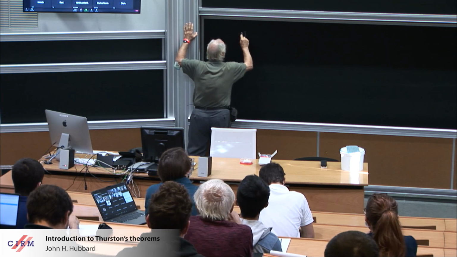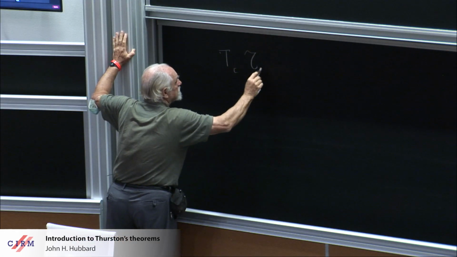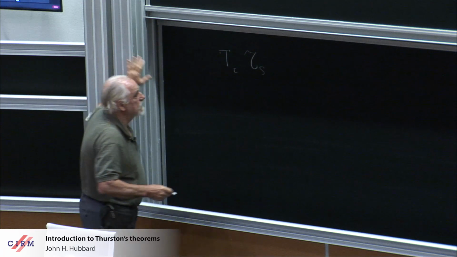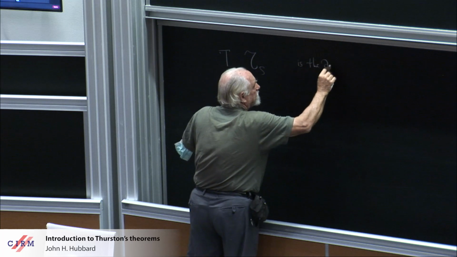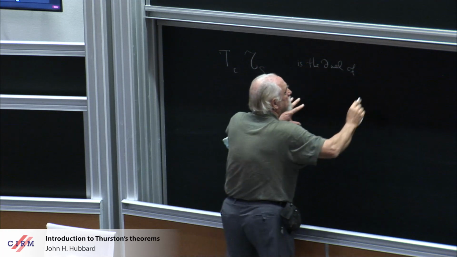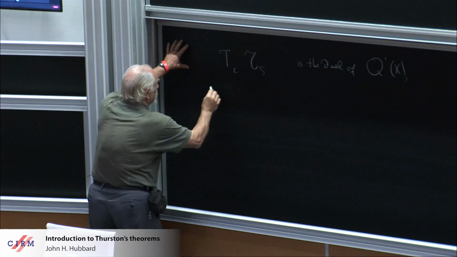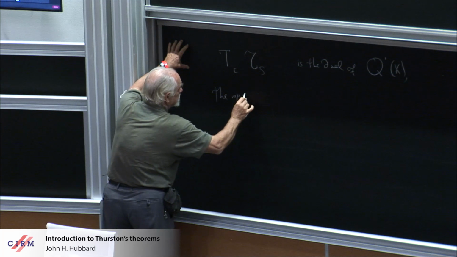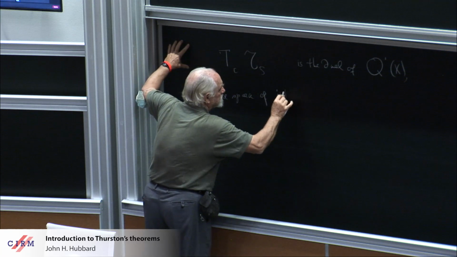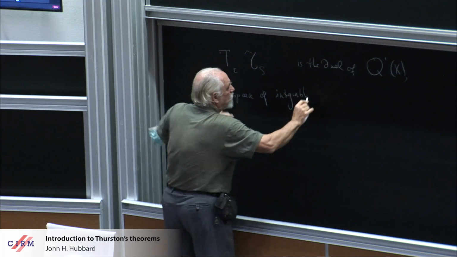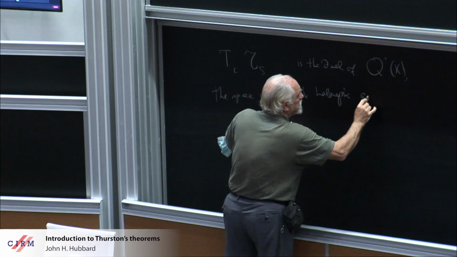The tangent space at tau, the Teichmüller space based on S, is the dual of Q1 of X, the space of integrable holomorphic quadratic differentials.